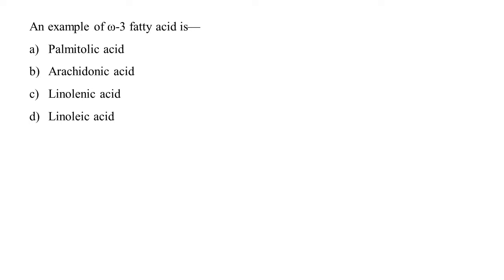The question is, an example of omega-3 fatty acid is. There are four different free fatty acid examples given, and it has been asked which one belongs to the omega-3 type. One needs to remember that omega nomenclature of a free fatty acid applies to unsaturated fatty acids only, not saturated fatty acids.